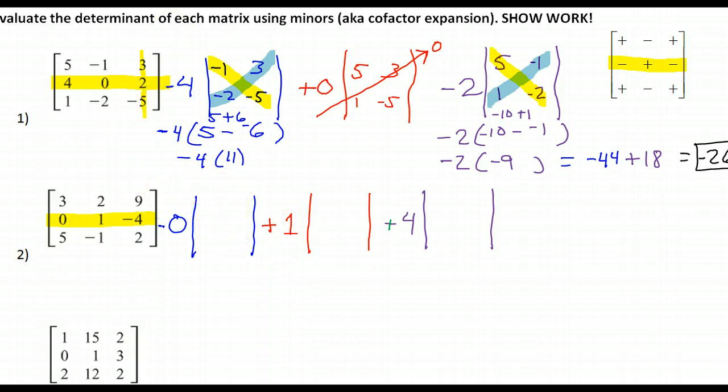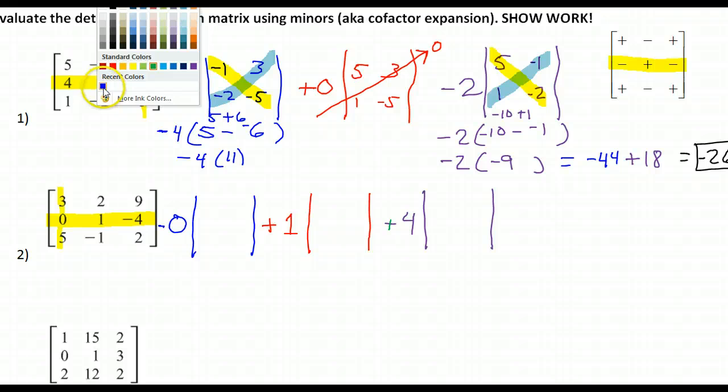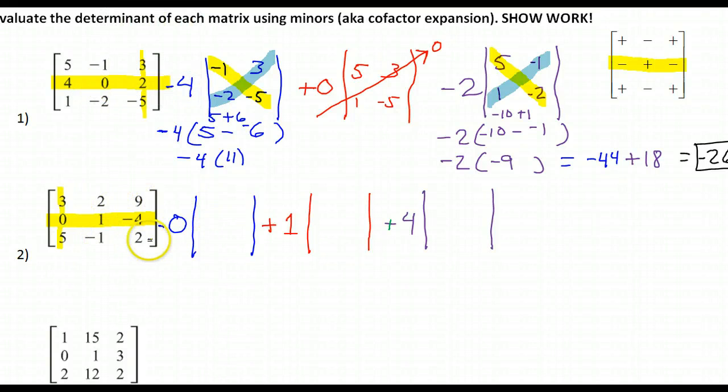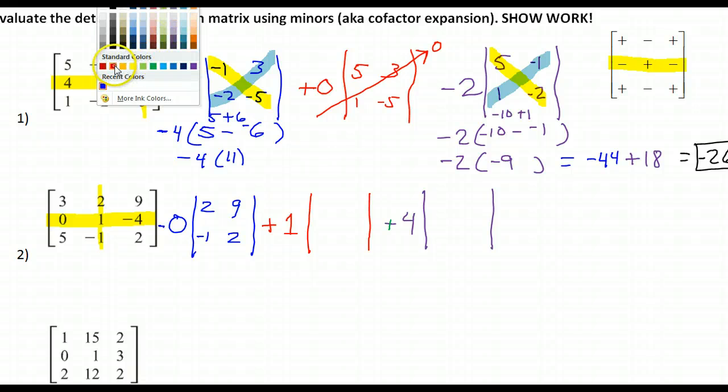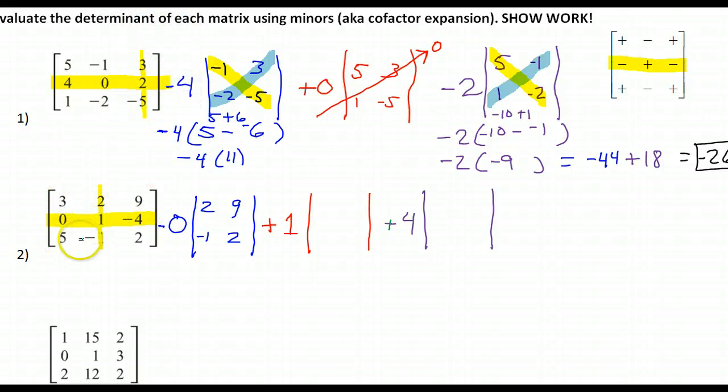Now we can do the matrices. So let's do the 0 first. This goes away. So we're going to have 2, 9, -1, 2. Now let's do the 1, the middle. That leaves 3, 9, 5, 2.